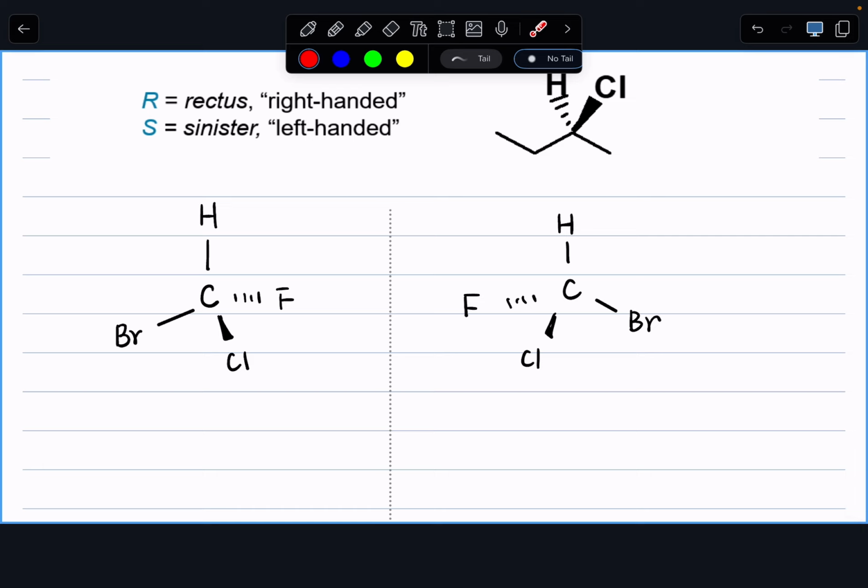So I'm still going to do fluorine as green. And let's say my bromine is red, my chlorine is blue. And down here, let's see, this one, okay. So these two.